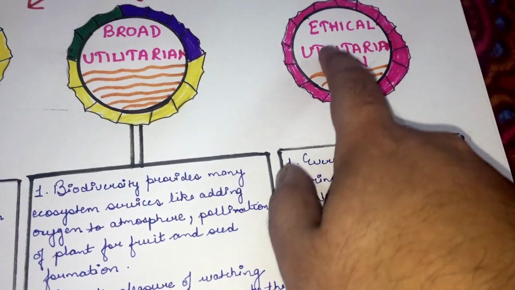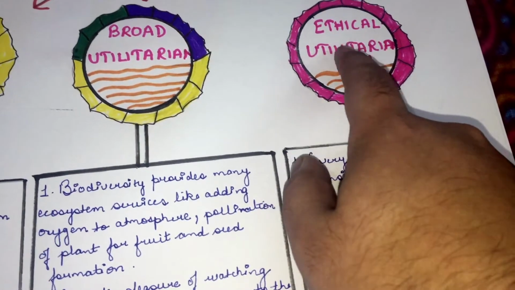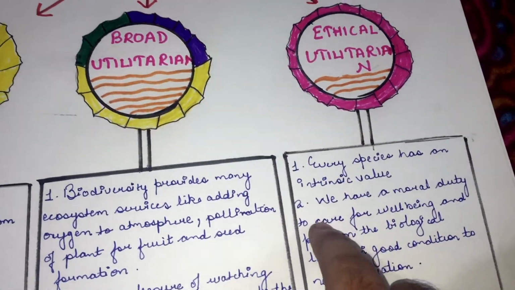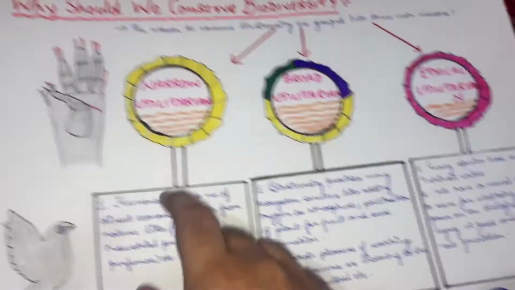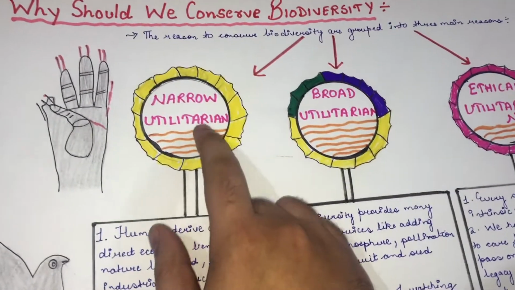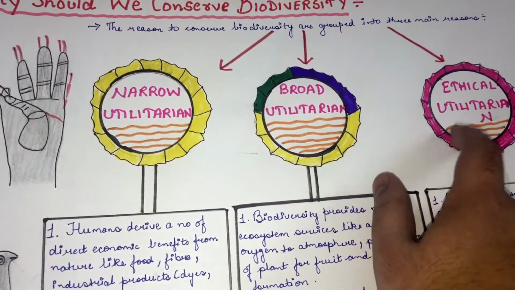So this is the ethical utilitarian. So we should conserve the biodiversity. There are three main reasons to conserve biodiversity: narrow utilitarian, broad utilitarian, and ethical utilitarian.